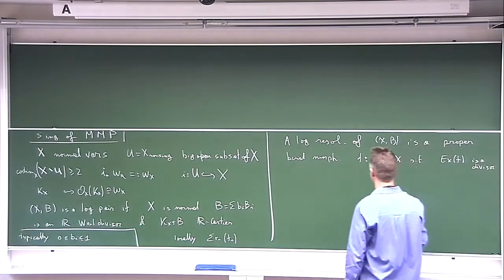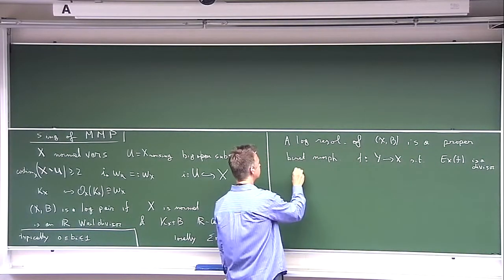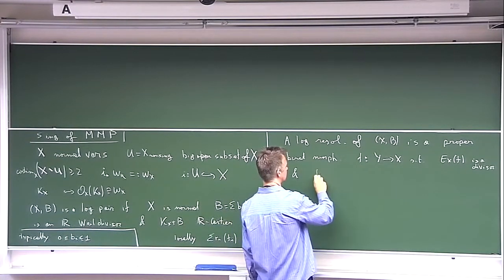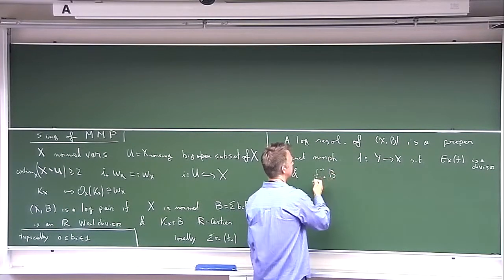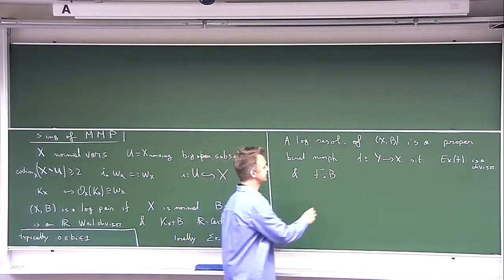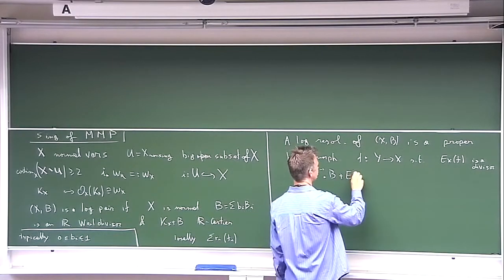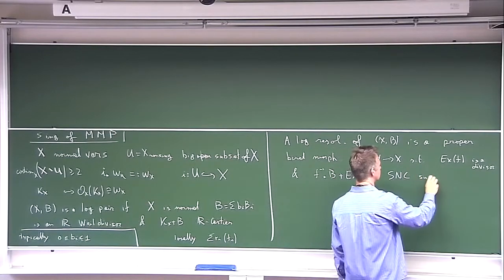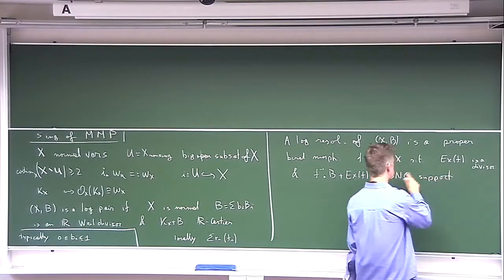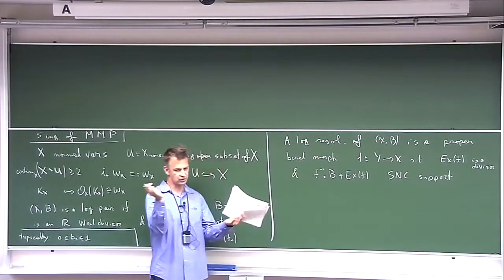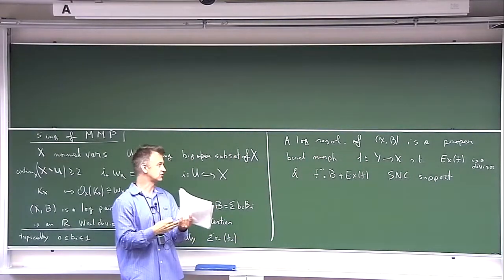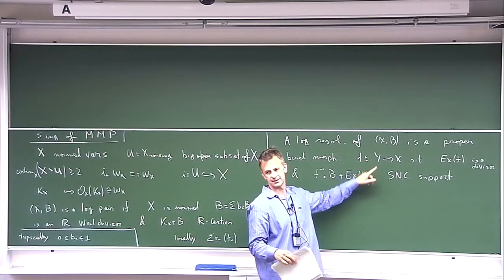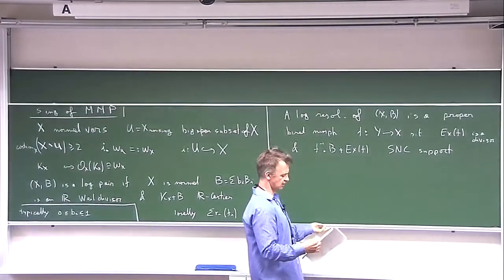So in particular, it has to have codimension 1. And when I look at f^{-1}_* of B, the proper transform of the divisor B, plus this exceptional divisor, this has to have simple normal crossing support. I really mean simple normal crossing this time, so each component is a smooth divisor, and they intersect transversely. I didn't say it, but it should be clear that Y has to be smooth in this picture too. Okay, so that's a log resolution.